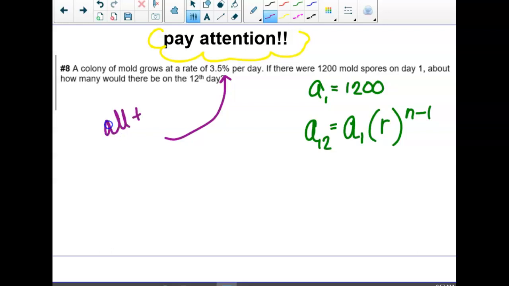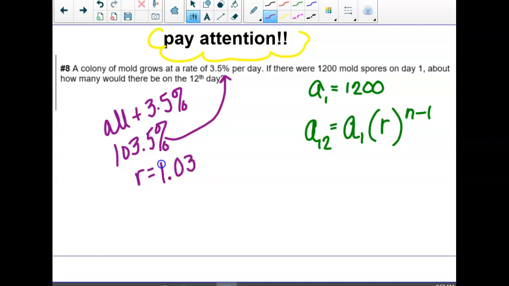It's growing, so it's all plus 3.5%, which is 103.5%, which is what as a decimal? 1.035. All right, so we had 1200, 1.035, and then I also worry that someone's just going to put to the 12th up here.